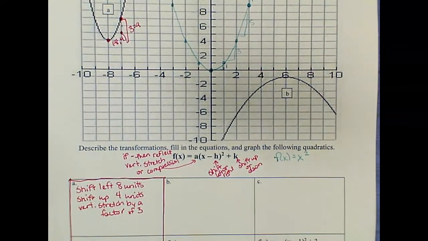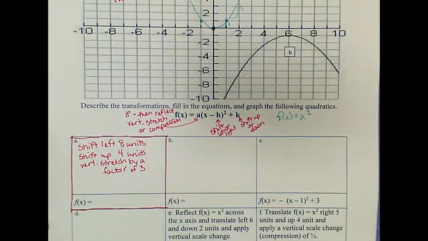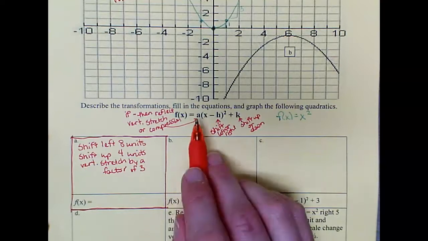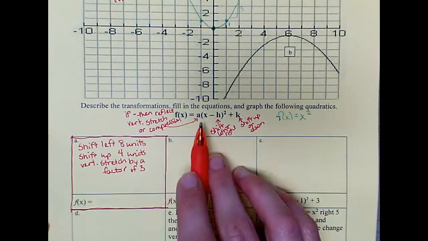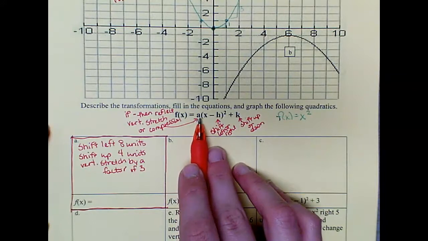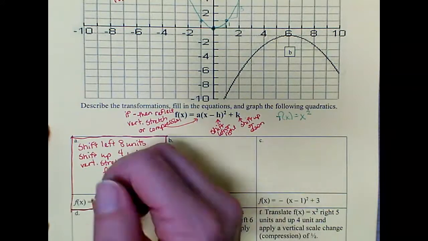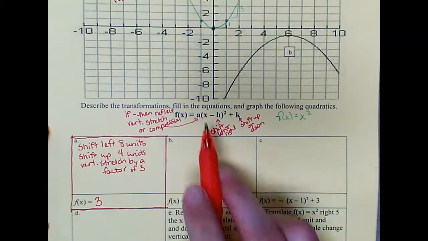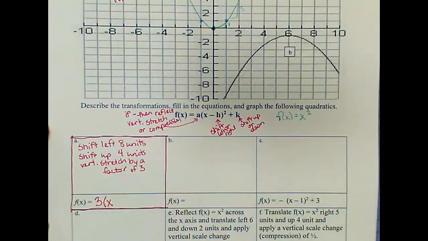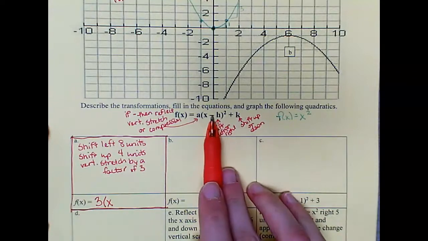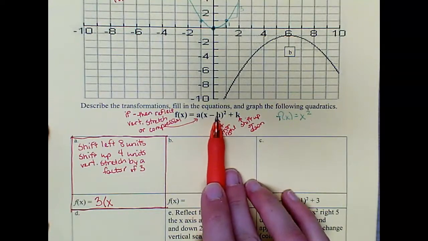So let's figure out what my equation would look like. I'd start out with f of x equals, which we have that here. We had a vertical stretch by 3, so that means A is 3. I'm going to open my parentheses and put an x. I have to figure out what my shifting horizontally was.